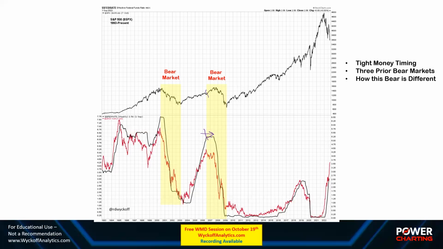So the Fed is in a tight posture. They have a Fed rate that is well above the 2-year rate, and a bear market begins. And as soon as the bear market begins, the Fed starts to lower rates and keeps lowering them all the way through the bear market. So the Fed, even though they started from a rather, call it hostile position, started to lower rates as soon as they saw that a bear market was underway.